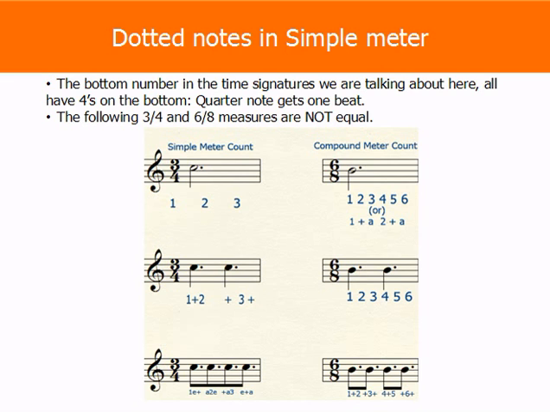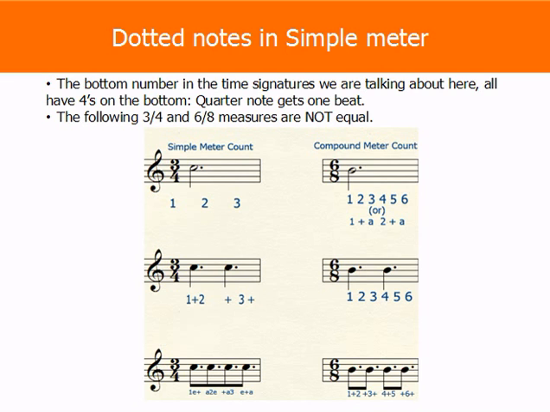So it's interesting that looking at a dotted half note in 3/4 time is 3 beats, and in a sense, the 6-beat dotted half note in 6/8 time is actually, or can be counted as 2 beats.